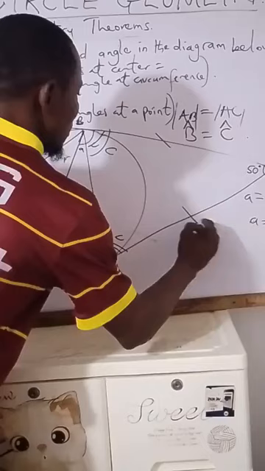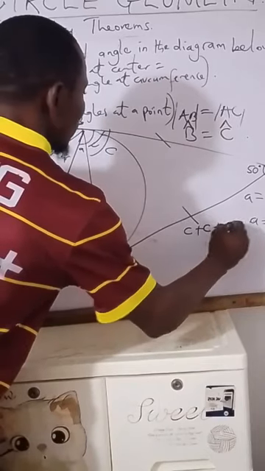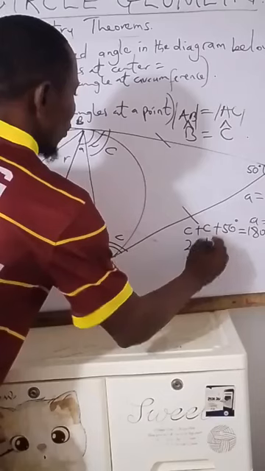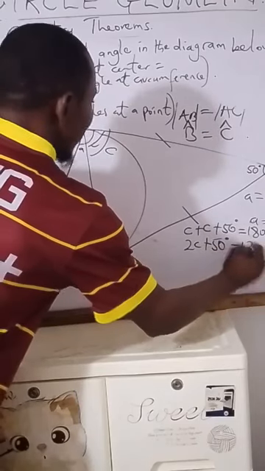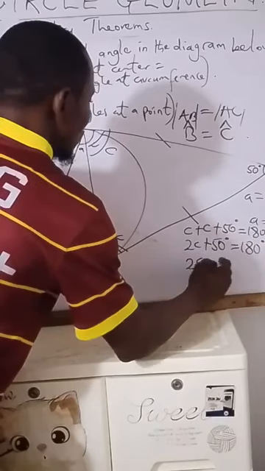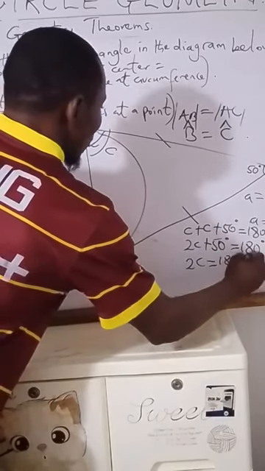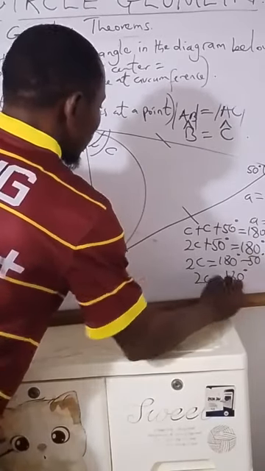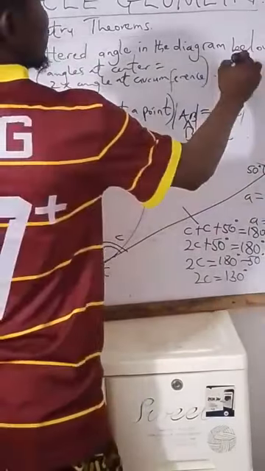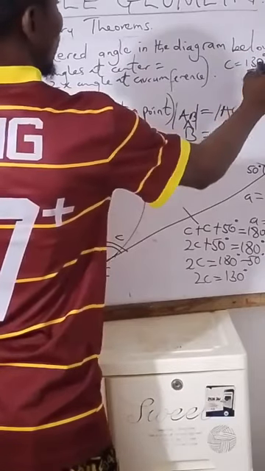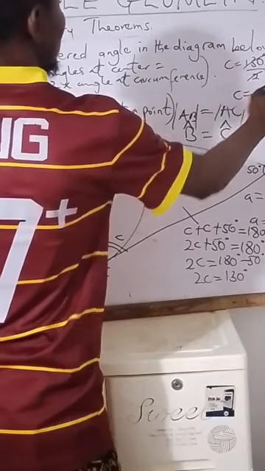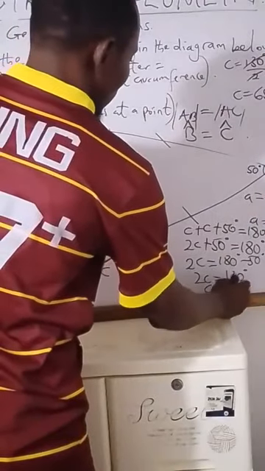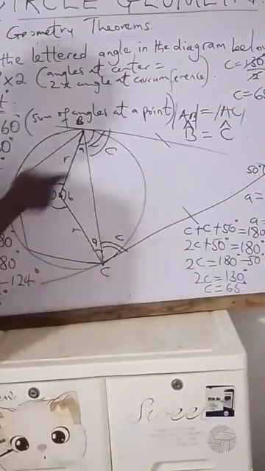That means C plus C plus 50 degrees is 180 degrees. 2C plus 50 degrees is 180 degrees. 2C is equal to 180 minus 50 degrees, which is 130 degrees. So what is C? C will be 130 degrees all over 2. C is 65 degrees.